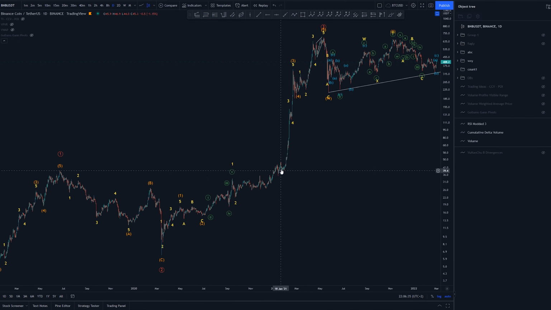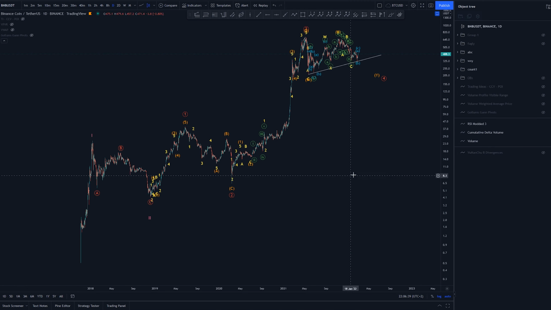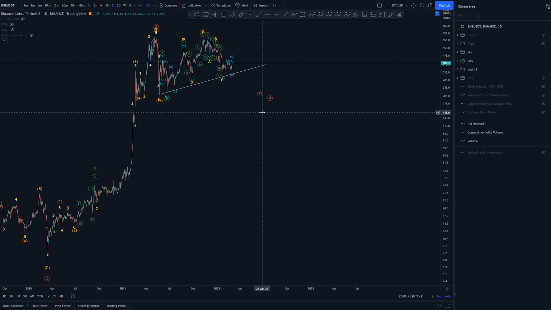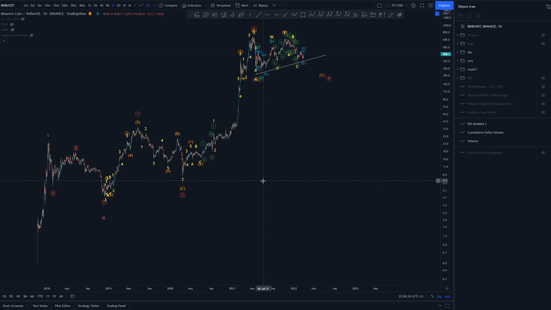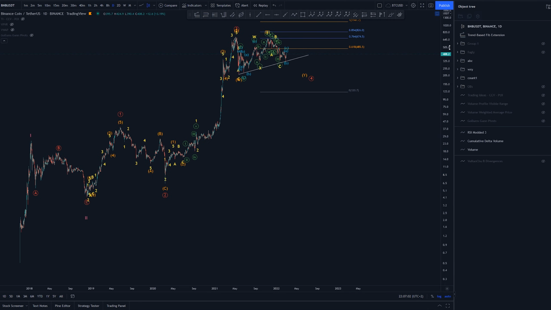Higher time frame targets for the wave 5 of this primary count. We know that we had targets of around $140 if it comes down here, and if it stays up here it's going to be around $200 something. So just a basic target here.